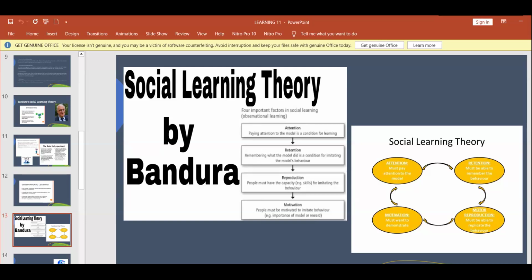And retention. Now the students observe the good child, how he works, and if you want to actually learn it through observation, you should retain how to do it. You should remember how to do it. Okay?